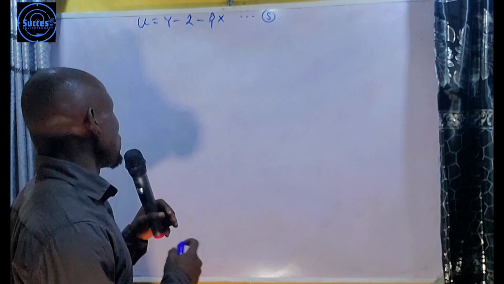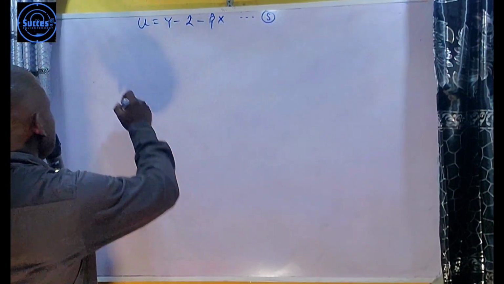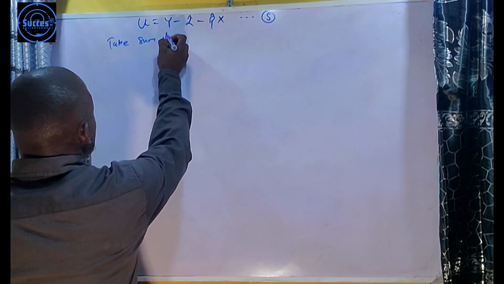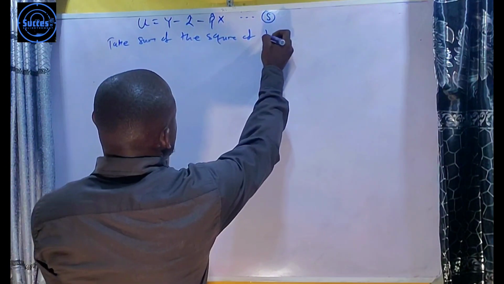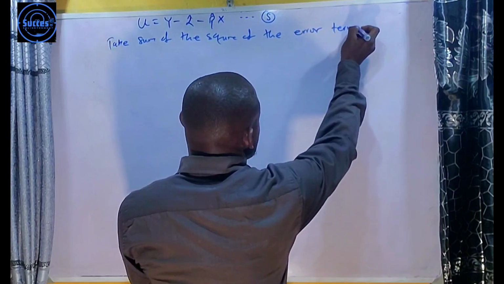So this is our equation 5, which is the error term. So what is the sum of the square error? From here you take the sum of the square of the error term.